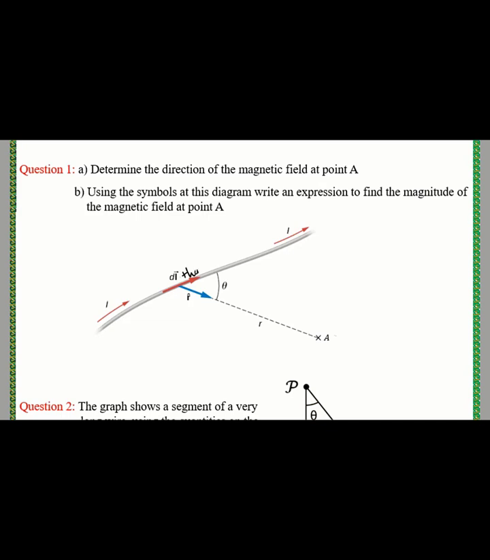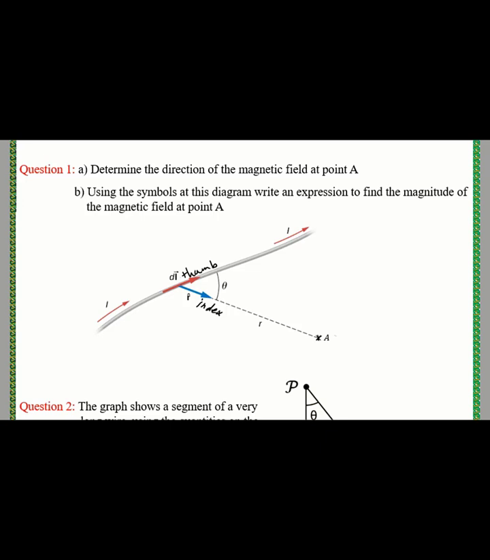Here is the thumb. You extend your index finger with the position vector from the wire to the point where you need to specify the direction of the magnetic field. So the middle finger, or the normal to your hand, will show you the direction of the magnetic field.